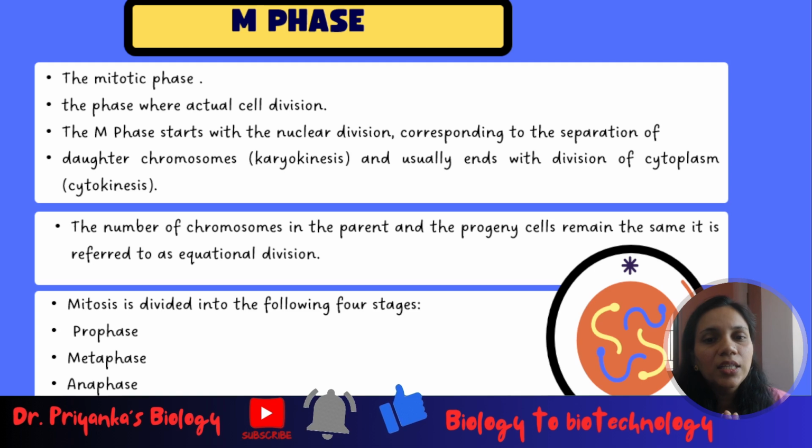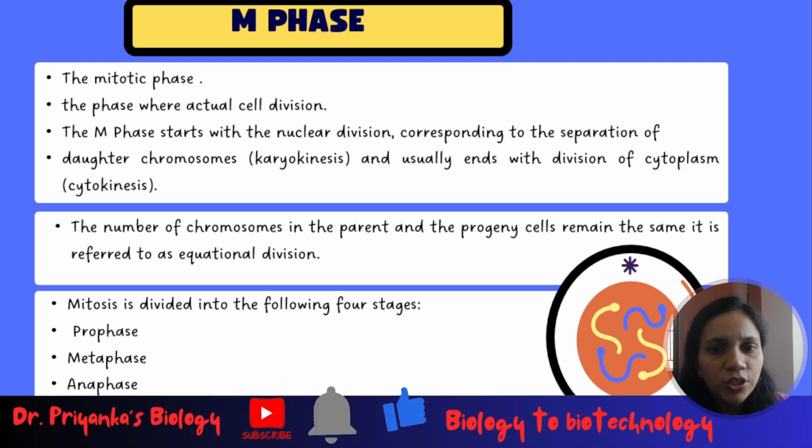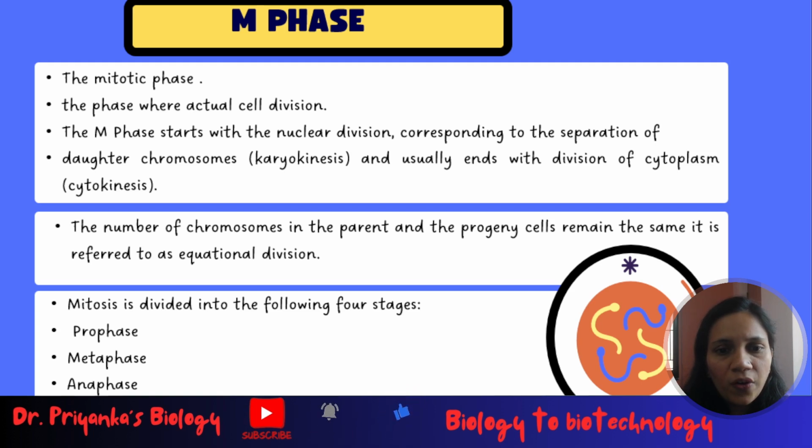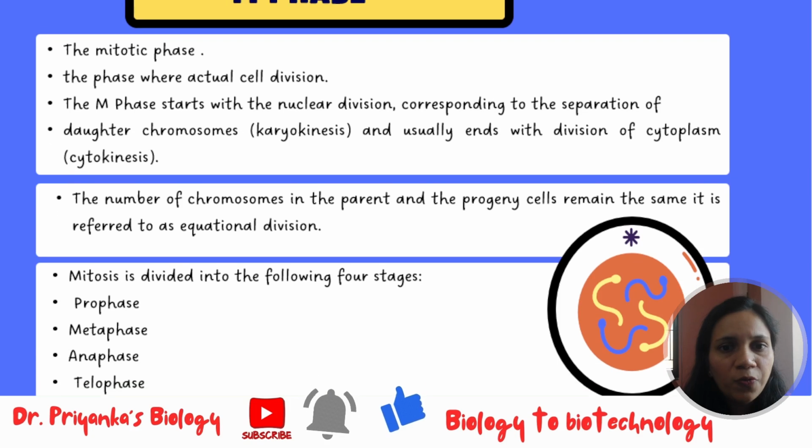And finally, there is division of the cytoplasm giving rise to two daughter cells. Here, the number of chromosomes in the parent and the progeny remain the same, so it is an equational division. Mitosis has four stages: prophase, metaphase, anaphase, and telophase.